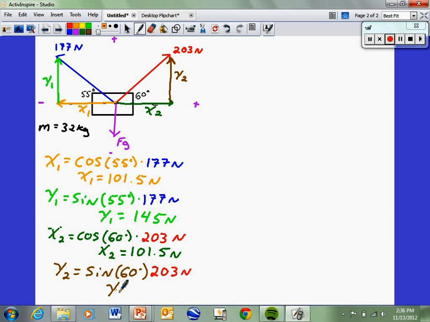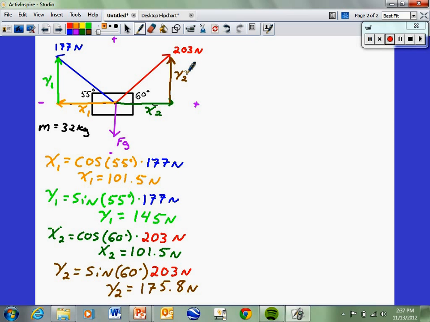When I plug that into my calculator, that tells me that y2 is 175.8 newtons. So I did my x and y components, found my x1, my y1, my x2, and my y2.